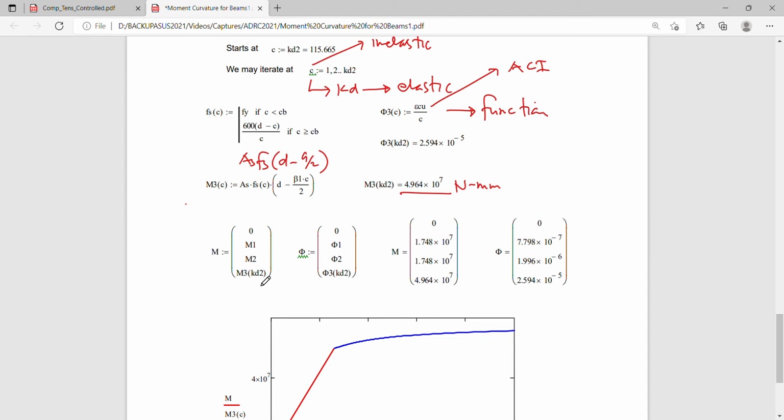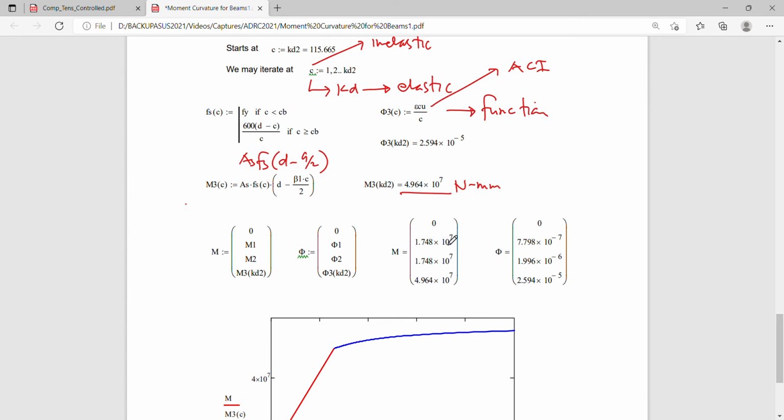Whatever KD2 has, it will give you a series of M's, which will be added to this vector to complete the moment curvature graph. These are all fixed points, and these fixed points correspond to values of phi which are also fixed.